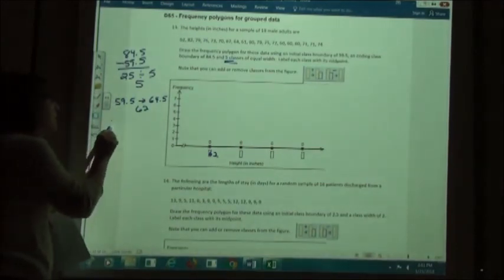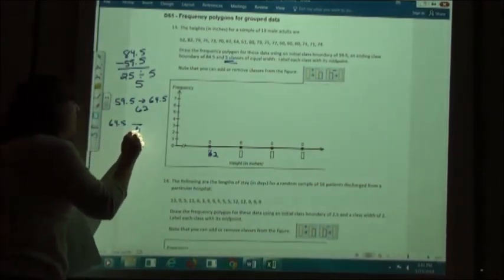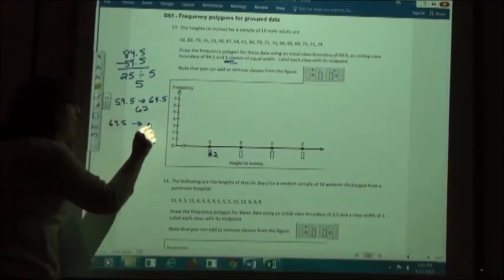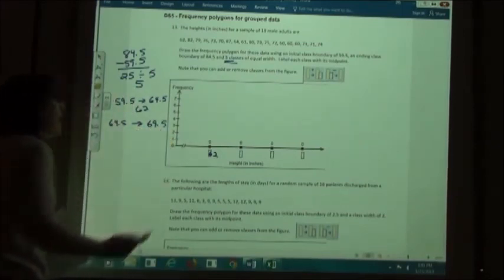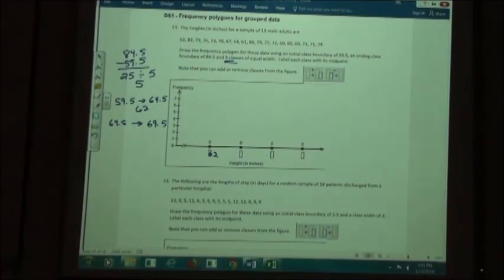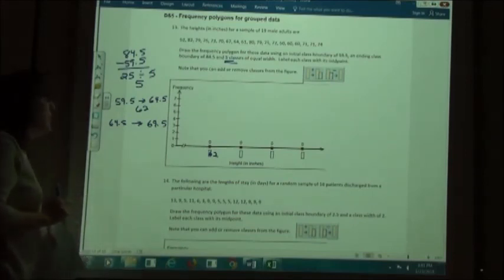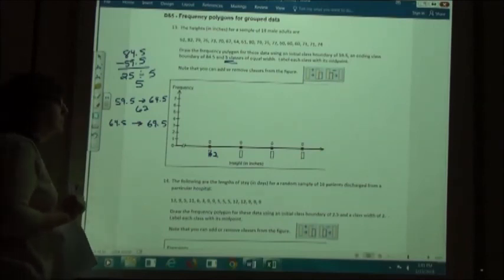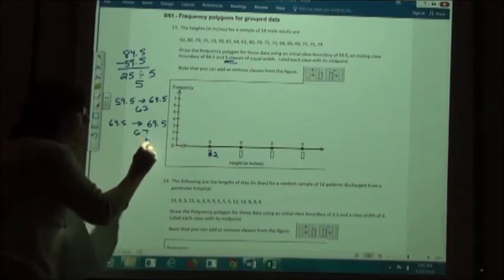Okay, my next section, 64.5 to, if I add 5, 69.5. The midpoint of that would be 67.